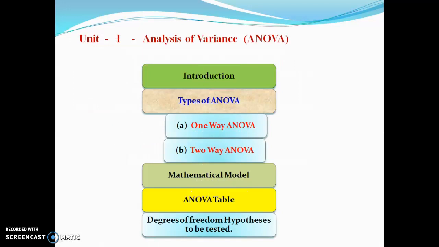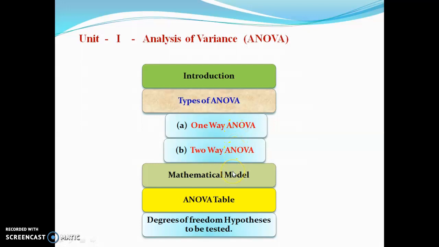So dear students, we directly start unit first. Unit first is Analysis of Variance. In this unit we cover the introduction and types of ANOVA. There are 2 types of ANOVA, one-way ANOVA and two-way ANOVA.